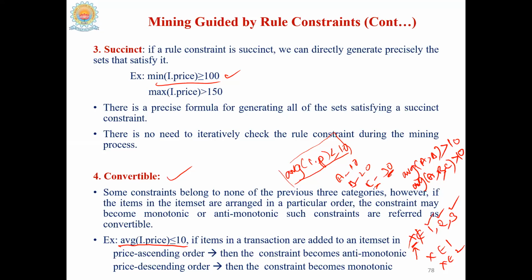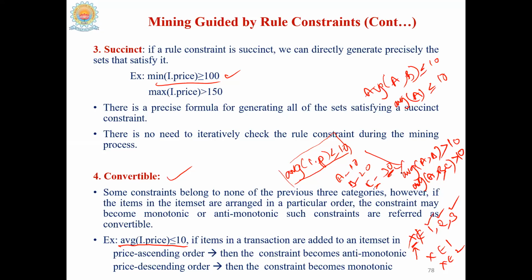Suppose the item set satisfies the condition, in the sense the average price of A, B is less than or equal to 10. Its subset, in the sense the average of A, is also less than or equal to 10, since we are placing this in ascending order.